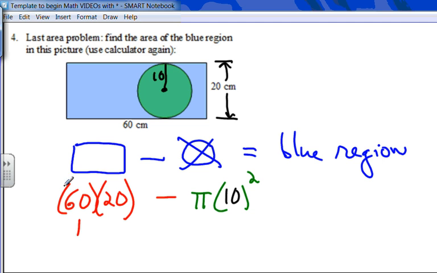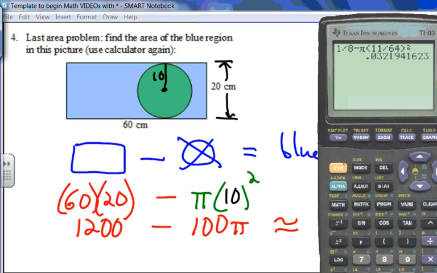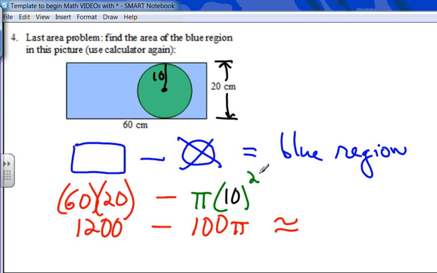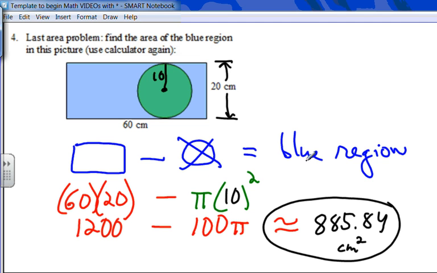So we have 1,200 square centimeters, subtract 100 pi square centimeters, which is approximately 885.84 square centimeters.